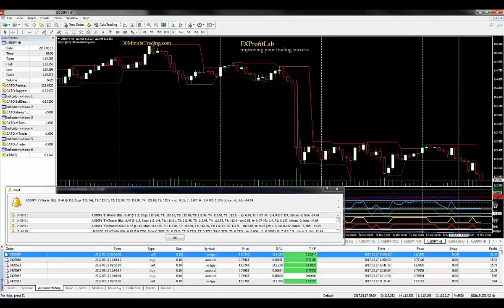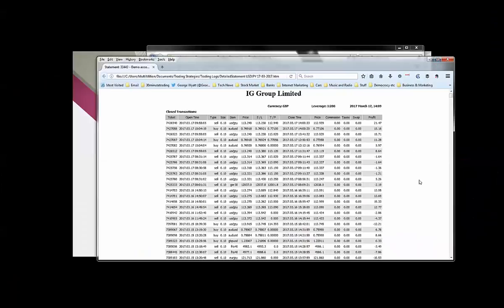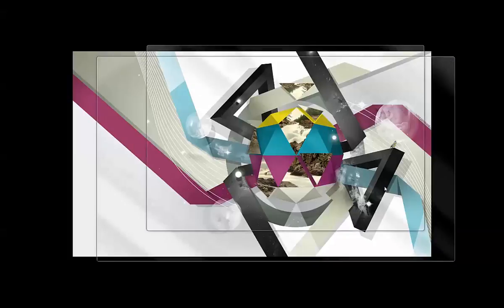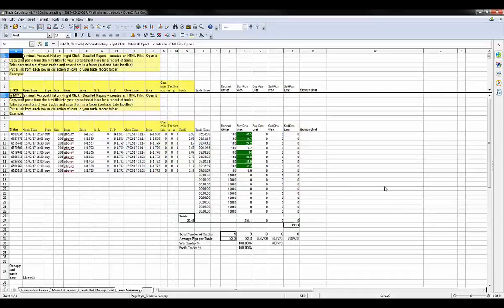Now we're going to open that. Here we go. Okay, so what we're interested in really is the trades on the 17th, which is all of these trades here. So we're going to select those trades for the 17th like that, and copy them and go across to the spreadsheet here, and we're going to paste.